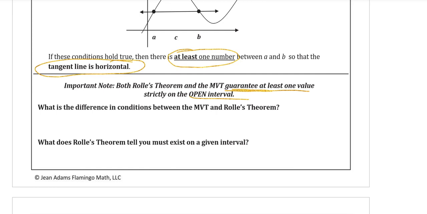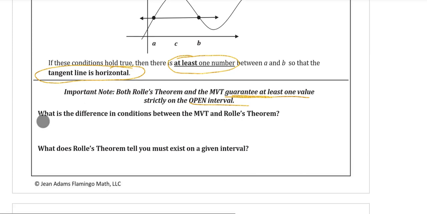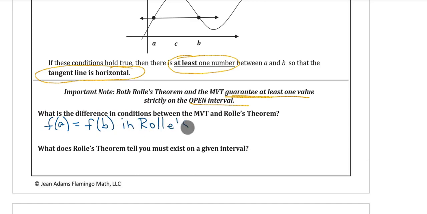The differences are that Rolle's theorem requires f of A to equal f of B. That's an important condition difference. And that the slope of the secant line has to equal 0.